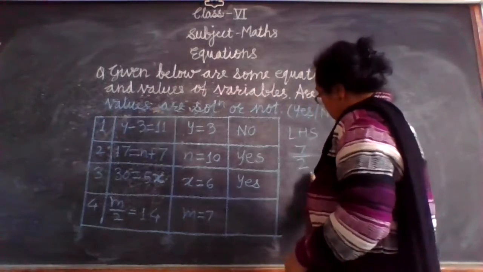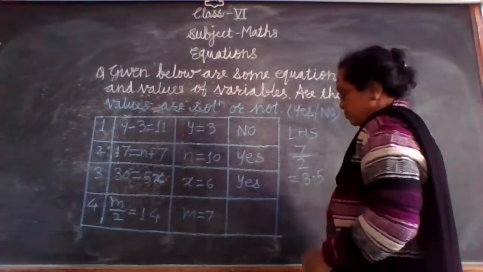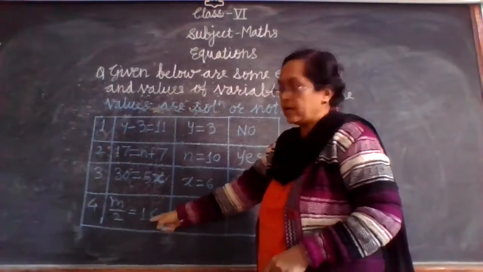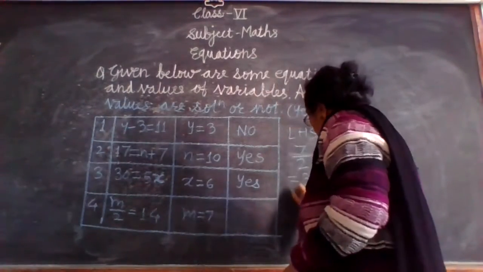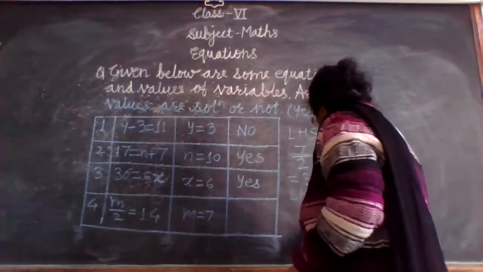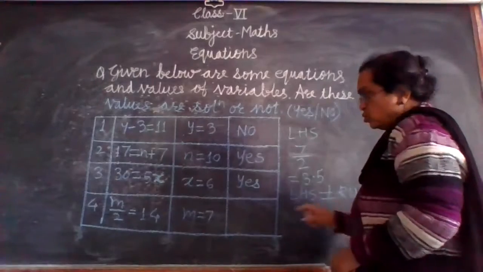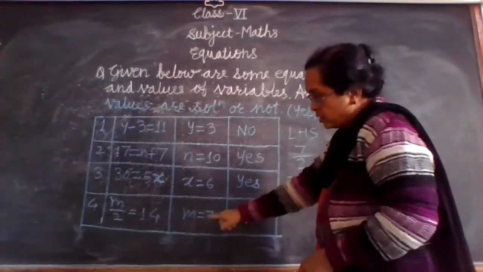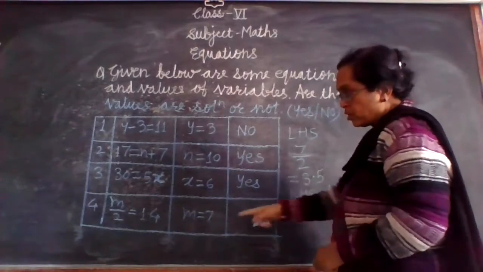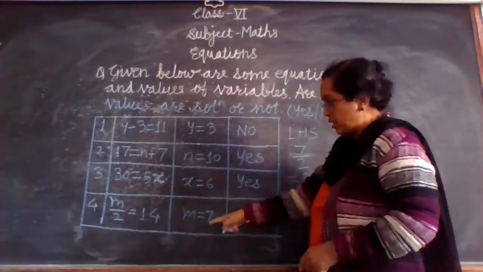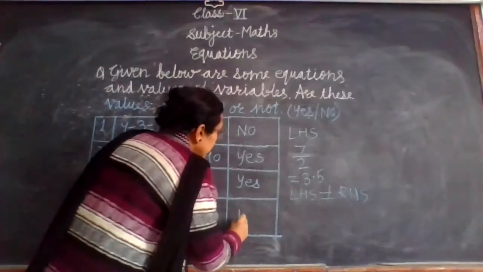Now it is giving 3.5. But what is the right hand side? The right hand side is 14. So the left hand side is not equal to the right hand side. So for this value it is not solved. Both the sides are not equal by this value of the variable. So this is not the solution. So we will write no here.